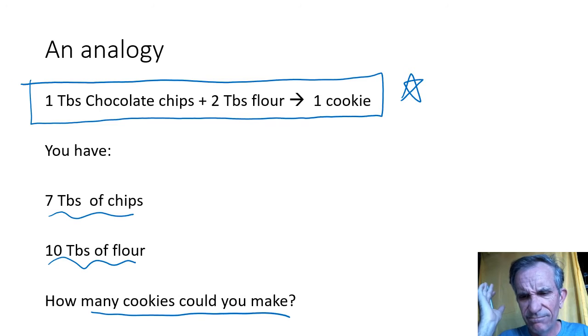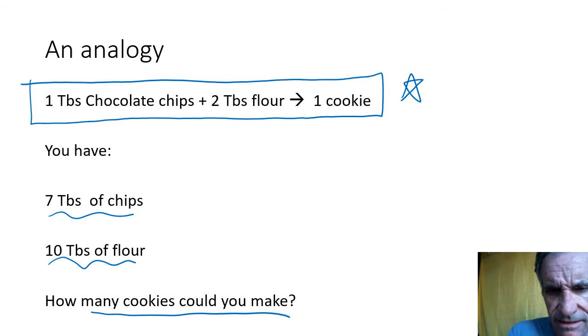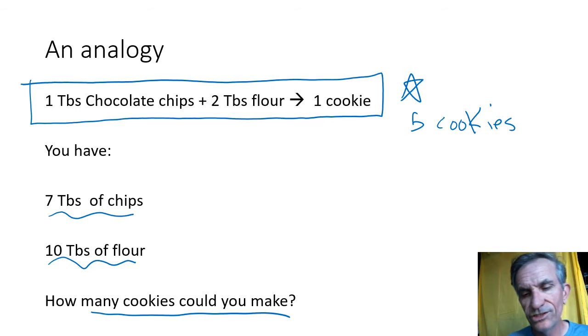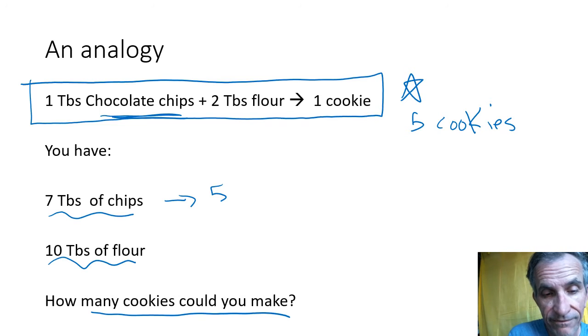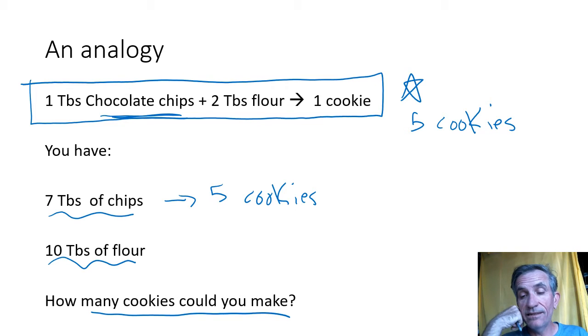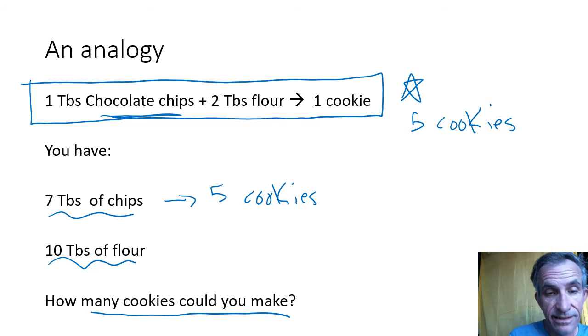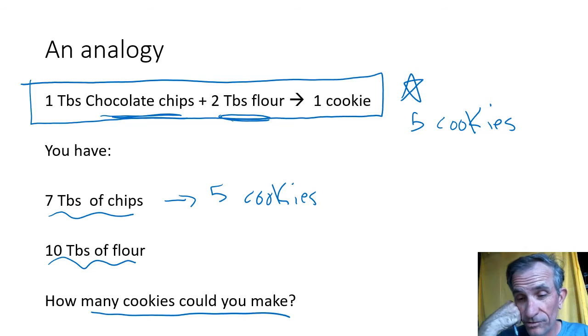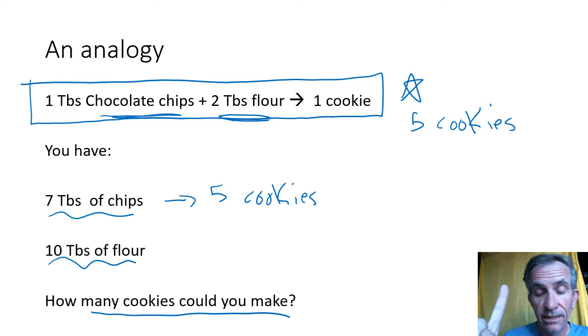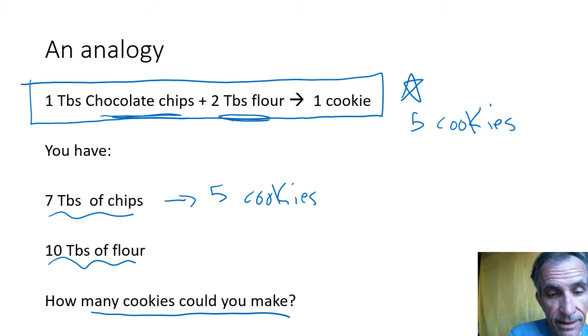It should be 5. If you didn't get 5, let's talk about why it's 5. Basically, based on the amount of chips and the fact that I need 1 tablespoon of chips per cookie, I have enough chips for, oh, I miswrote here.